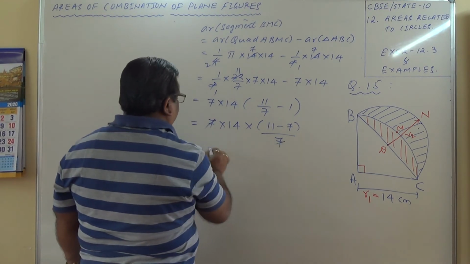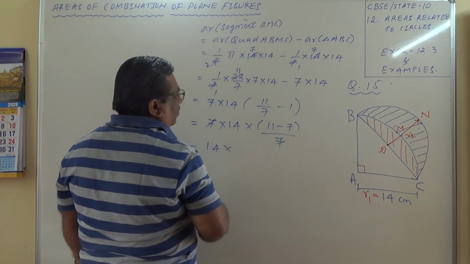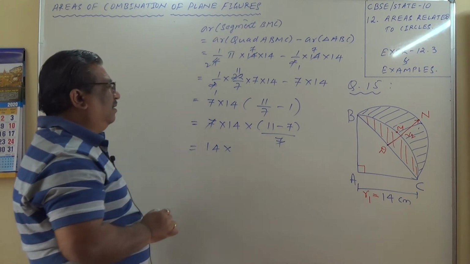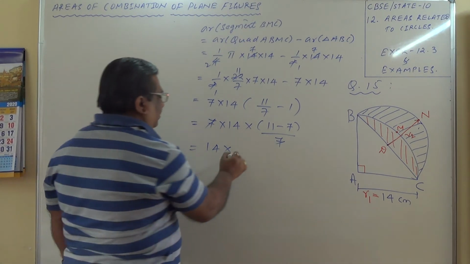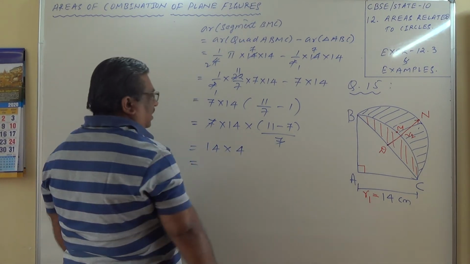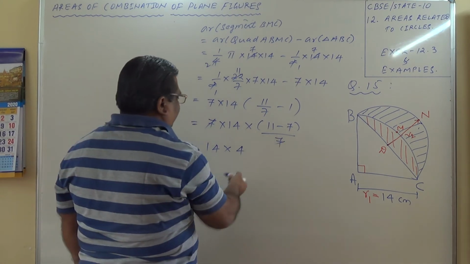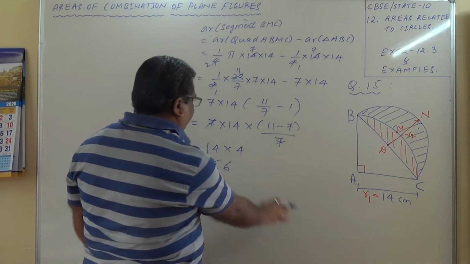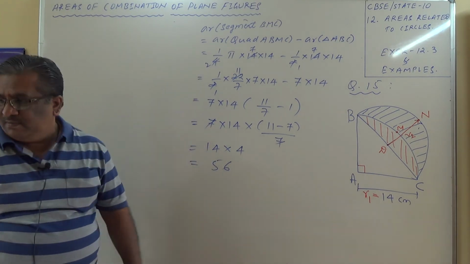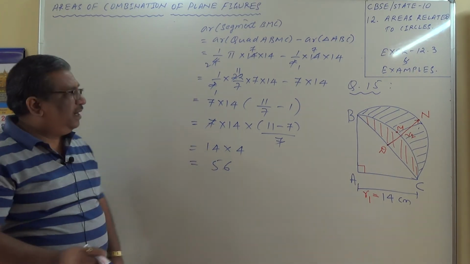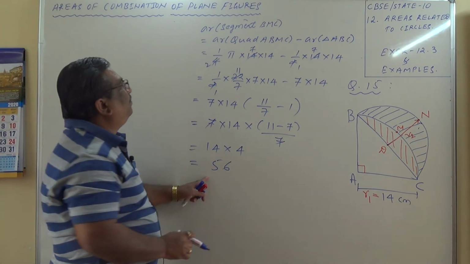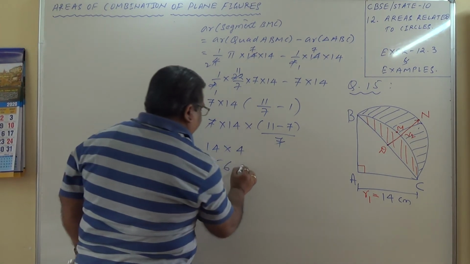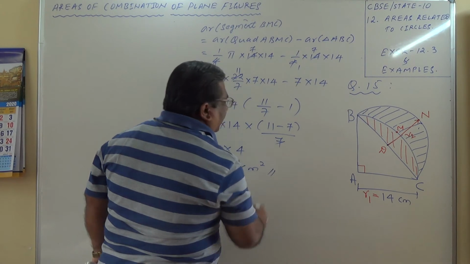This will cancel. 14 into 11 minus 1, 10 minus 6, 4. Correct? 4 plus 1, 7. Okay. I am getting 56. How much is the answer? 56 square centimeter. This is area of the segment BMC.